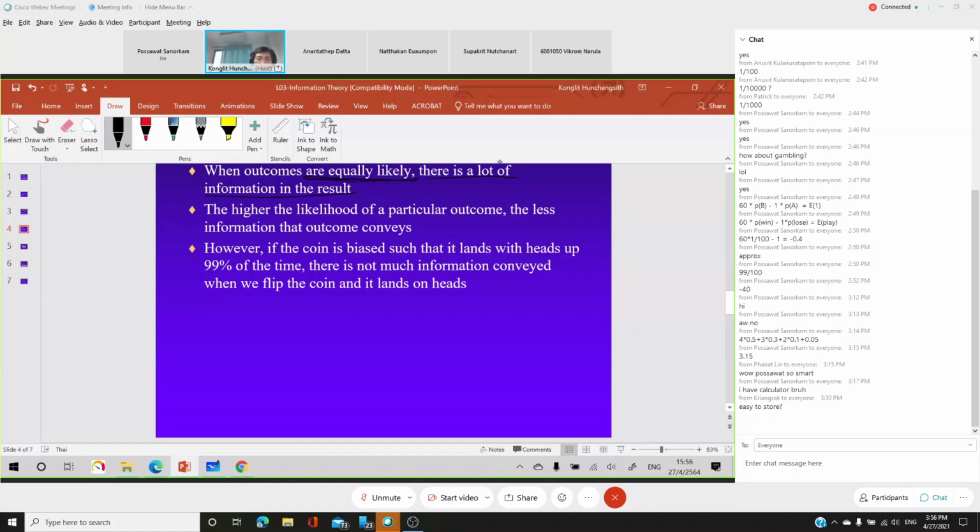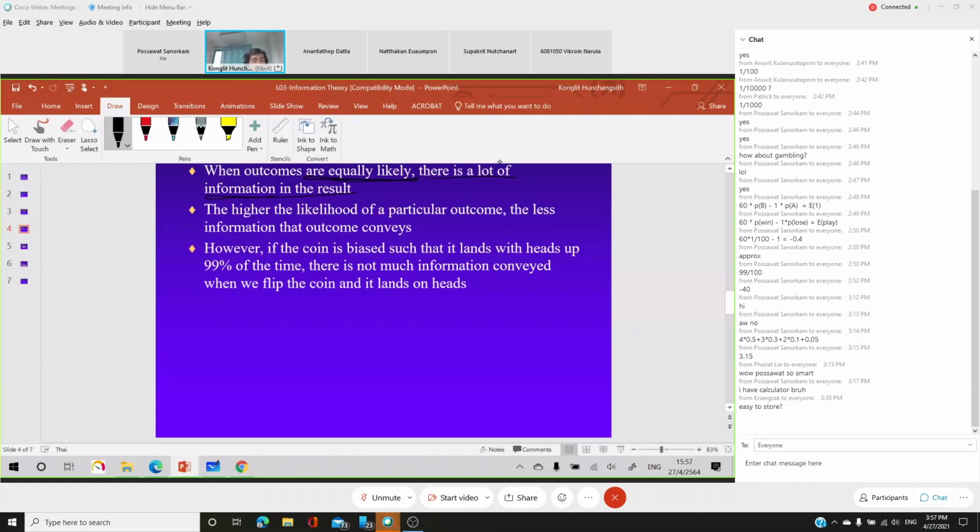Why? Because when they are equally likely, that's when you have the most uncertainty, like a die, right? If each face is 1/6, that's the most difficult to guess. So you have the most uncertainty, and that means you have the most information.